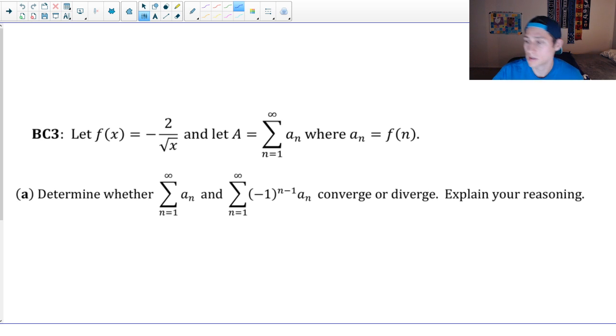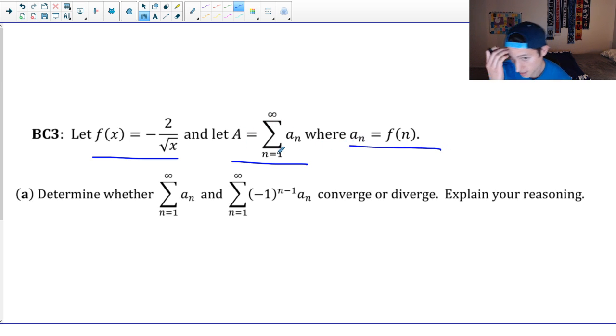Let's go ahead and kick it off. Let f of x equal negative 2 over square root of x. Let A equal the series from 1 to infinity, where a_n is f of n. Okay, so this defines 3 separate things for me: here's f, here's this capital A, this series, and then a_n is f of n.